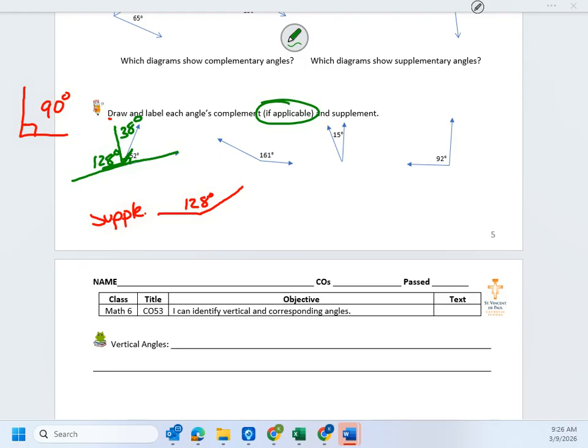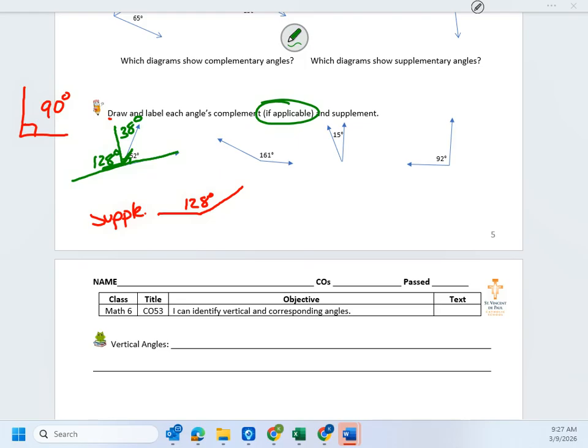So then you would just do the supplement. So if your angle is bigger than 90 degrees, just find its supplement. If it's smaller than 90 degrees, find the complement to equal 90, and then find the supplement that would equal 180.